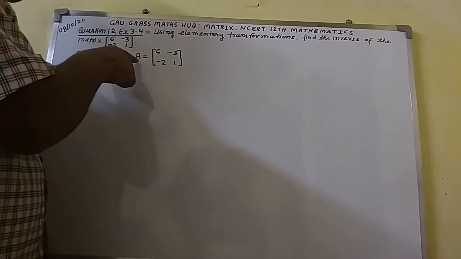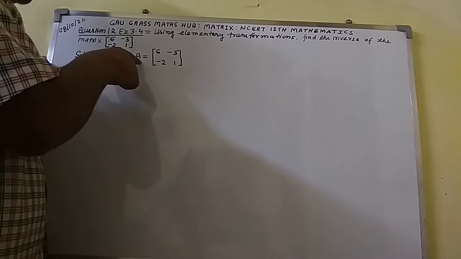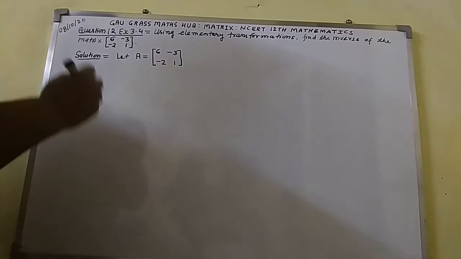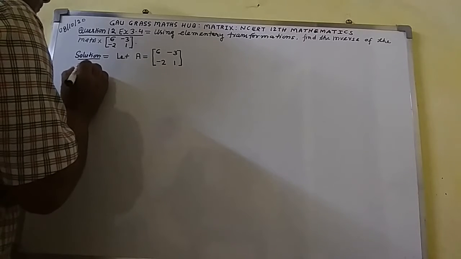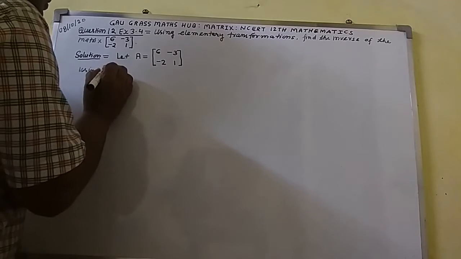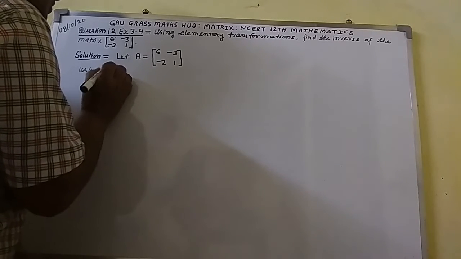Here, on the matrix A, I shall apply elementary row operations. Elementary row operation can be written as ERO.